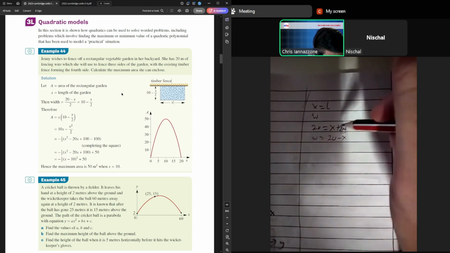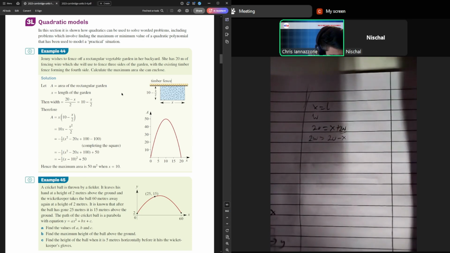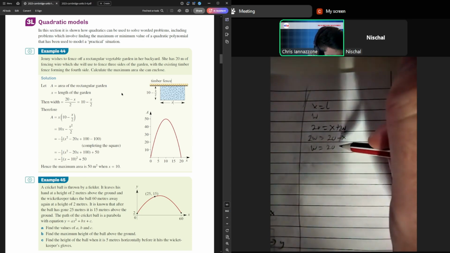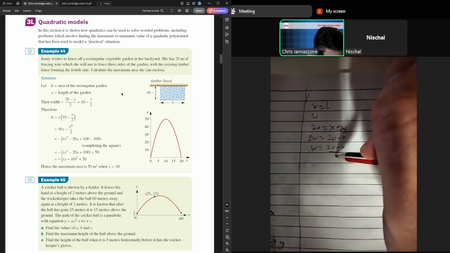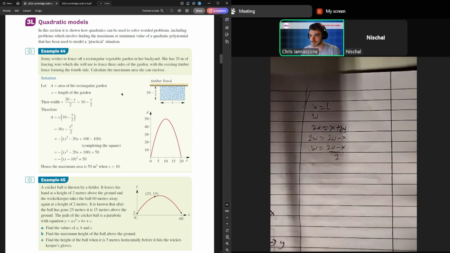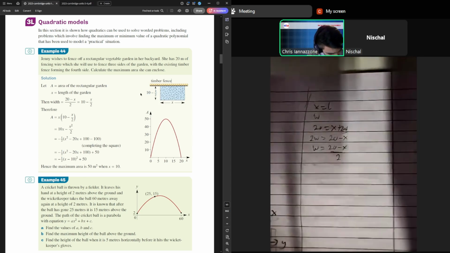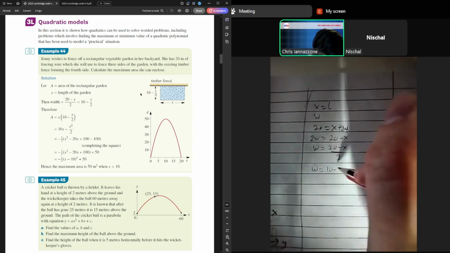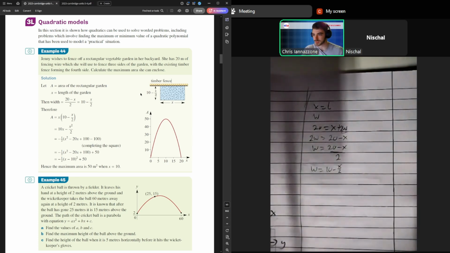This would be 2W because there are two widths, so you divide everything by 2 to get a single W on its own: 20 minus x, all divided by 2. All they've done to further rearrange that is distribute the divide by 2. So an individual width is now 10 minus x on 2, and that's why you're seeing what you're seeing there.